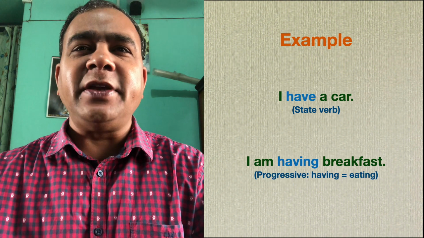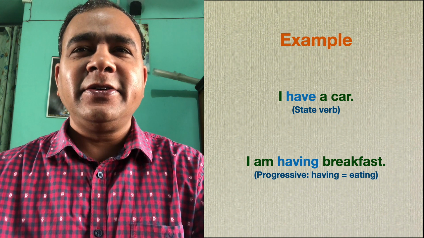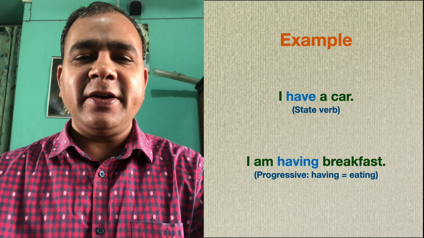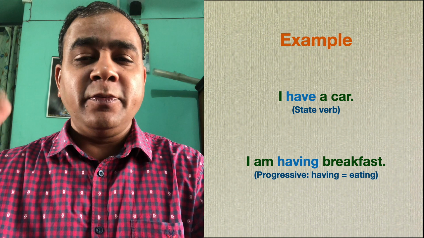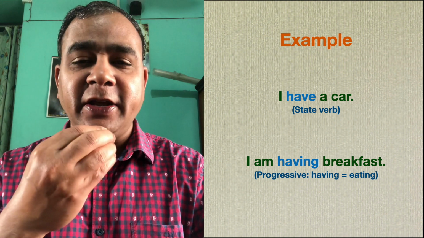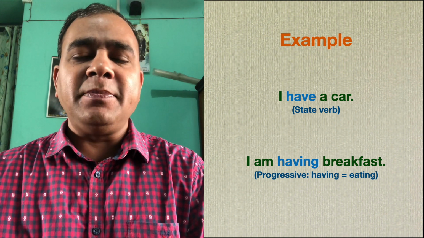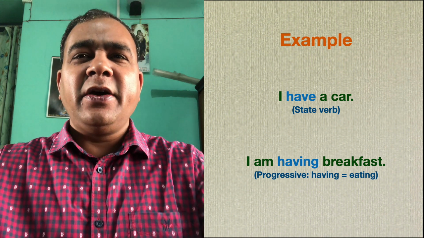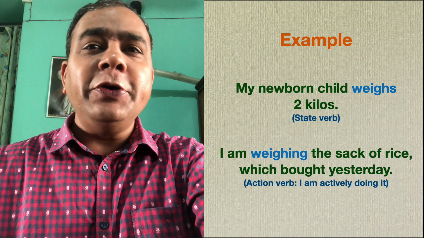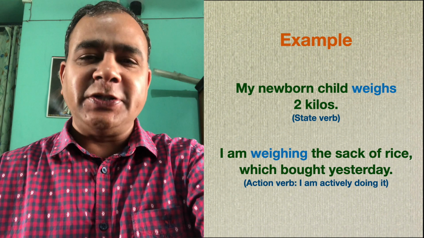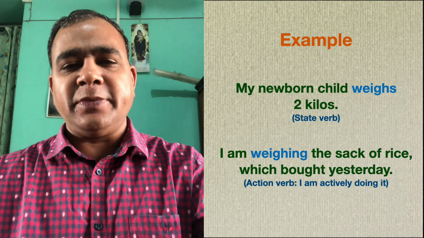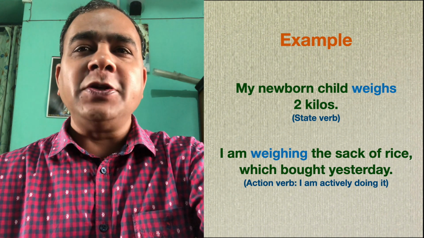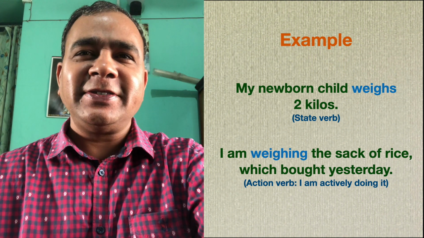This already we have seen. I have a car. Okay. I have a car. But when this have is used for eating, you say that I'm having my breakfast. Okay. Now, my newborn child, my newborn child weighs 2 kilos.